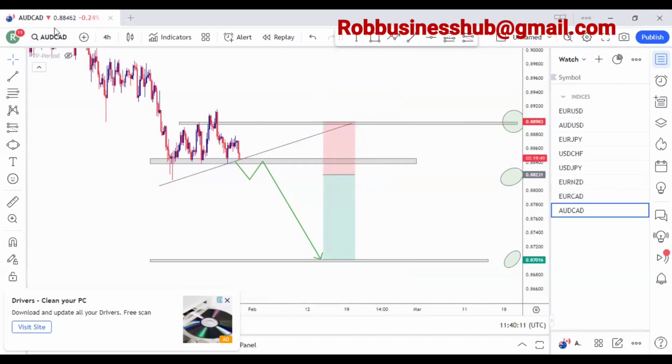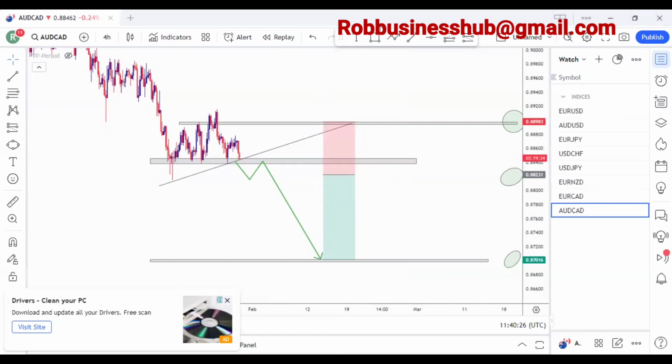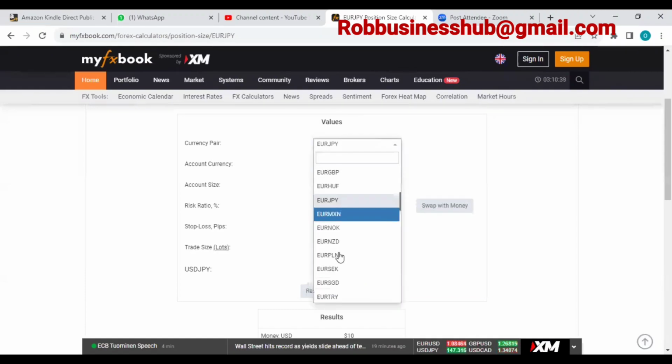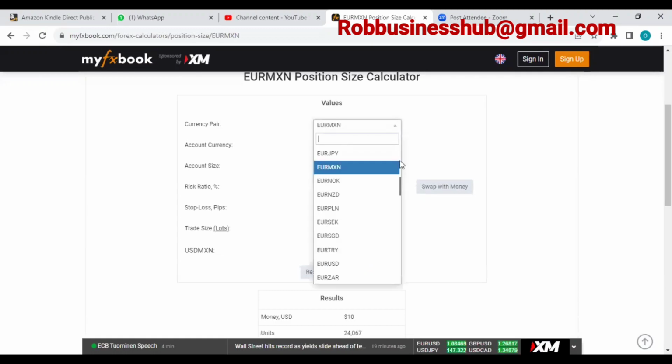We are trading AUD/CAD. These are the two major values that we'll be using for our calculation: 75.2. Now let's go to my FX book. AUD/CAD is the pair we are trading, so let's locate AUD/CAD.